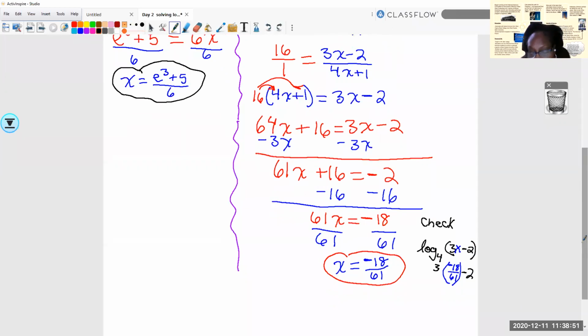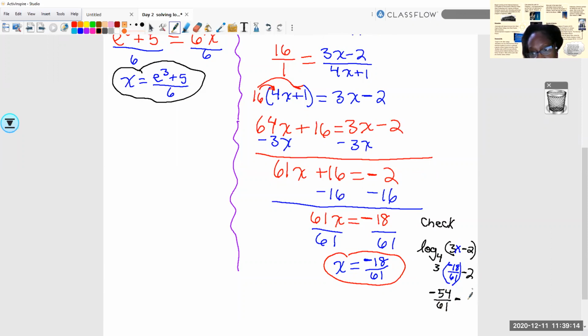It's not that hard. We just have to see what it's going to be in the end. 3 times negative 18, it's going to be a negative value. 3 times 18 is 54 over 61, minus 2.